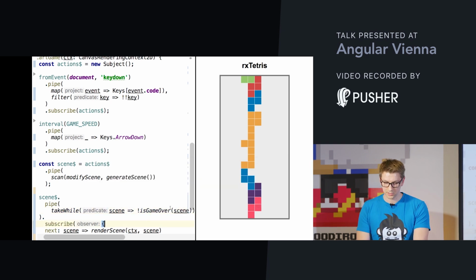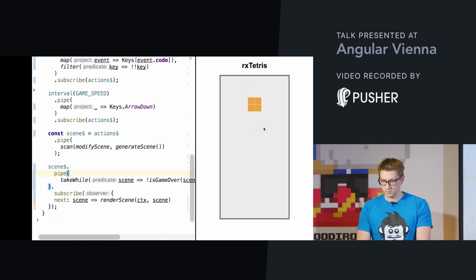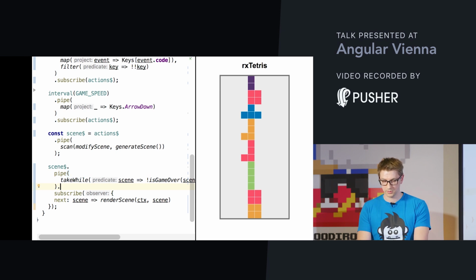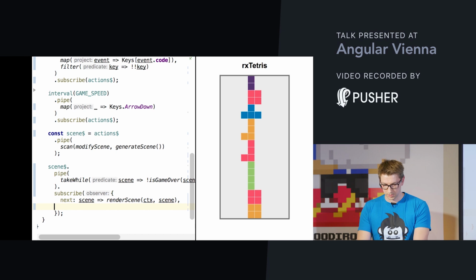This method just checks if our game is over. Now, if we just bring them down quickly, again, this is not showing anything, so we're doing something wrong, right? So let's see what we might be doing wrong. When we are running the subscribe, we are rendering the scene on next. But although our observable has ended, because the takeWhile happened, we don't really see it, right? So let's check if we can render it.